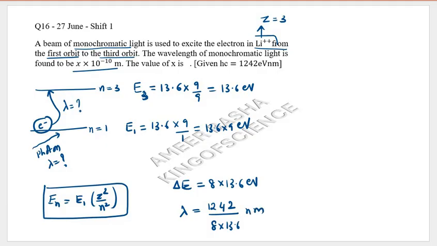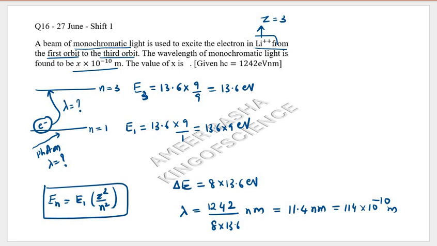So 1242 divided by 8 into 13.6 comes out to be around 11.4 nanometers. Nano means 10 power minus 9, so it can be written as 114 × 10 power minus 10 meters.